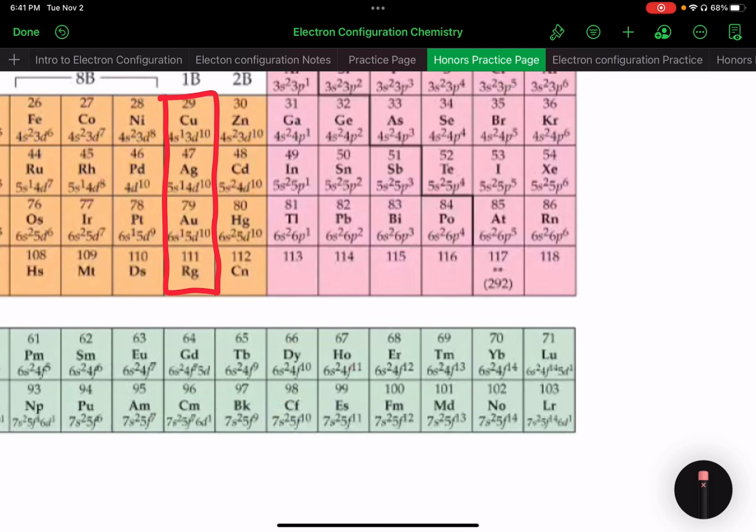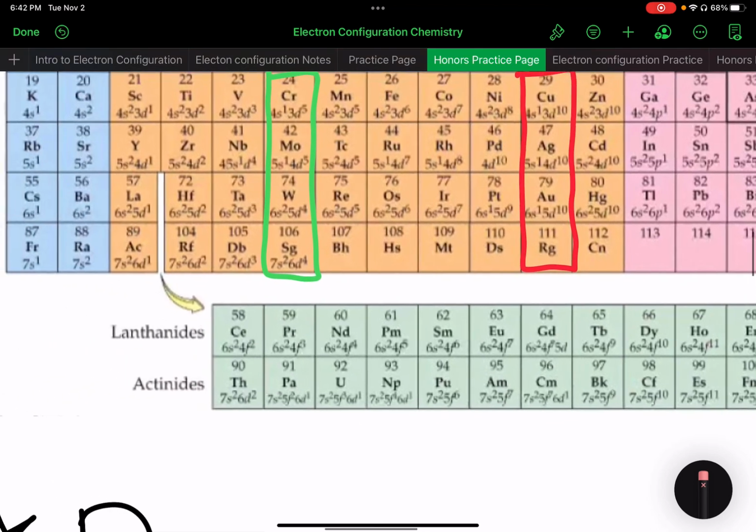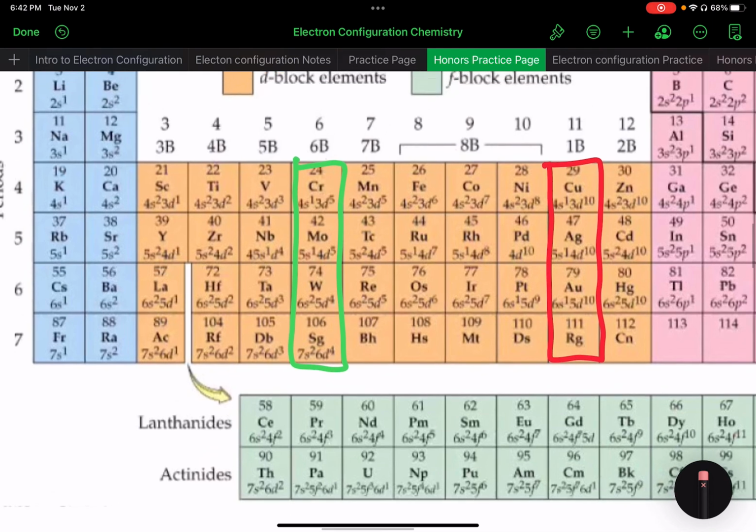So look at those and see if you can figure out what's happening when you hit those elements. Those are going to be important that you're going to have to star because their configuration is a little bit different and there's actually some reasoning behind it. Okay, all right, keep practicing.